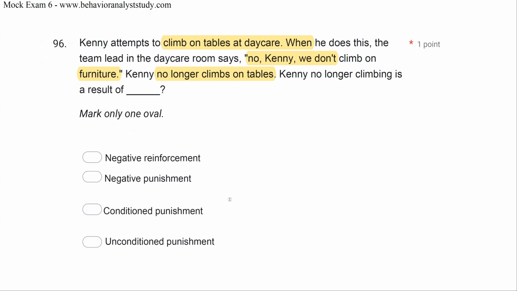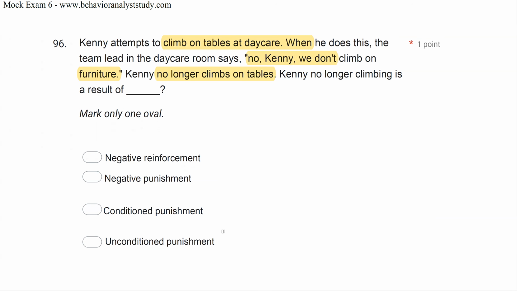If we look at C, conditioned punishment, would this reprimand be conditioned? Absolutely, right? Reprimands are conditioned. These verbal reprimands are paired over time with other stimuli that have punishing properties to create a punishing stimulus. This is absolutely a conditioned punishment. Now, unconditioned punishment?